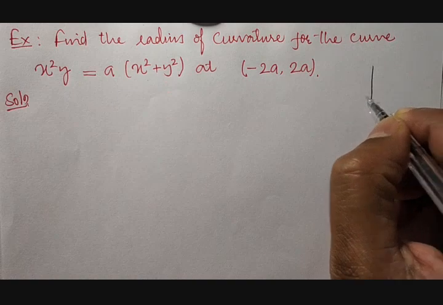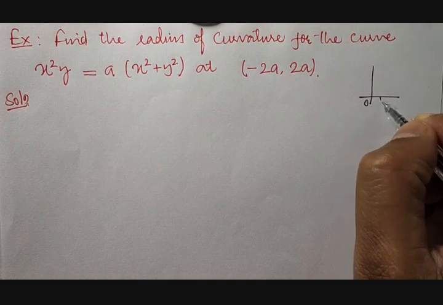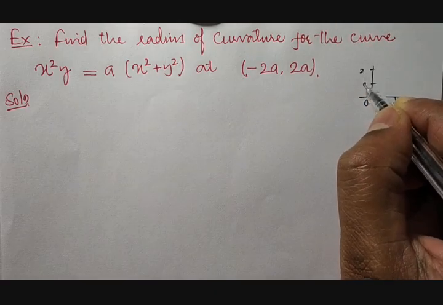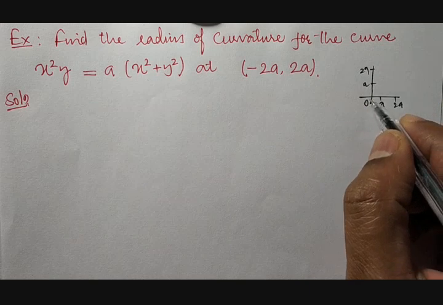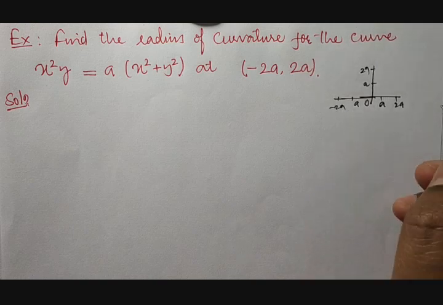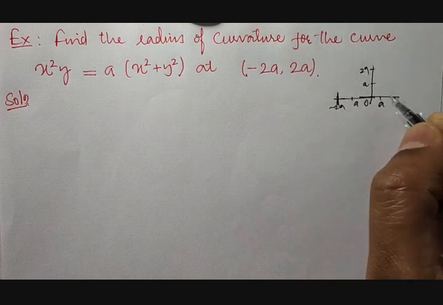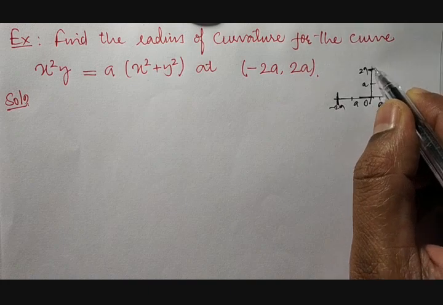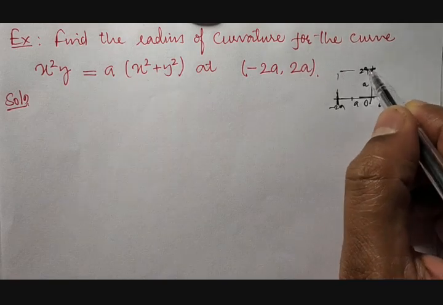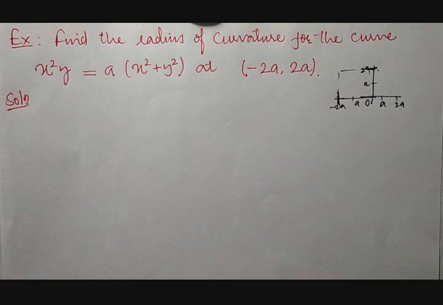If you put it on a graph sheet, it is 0, a, 2a, and on the negative side, minus a, minus 2a. So the curve will be traced between plus 2a and minus 2a, in this domain. Somewhere here the curve will be. What to do then?